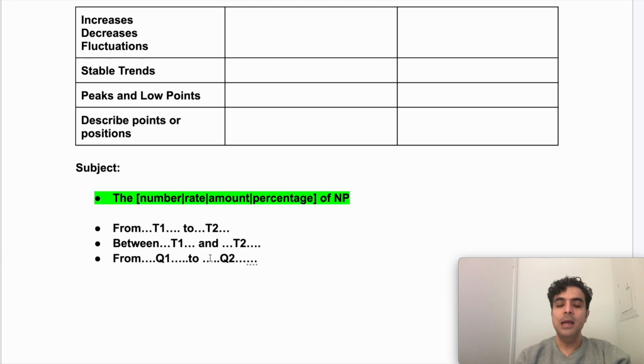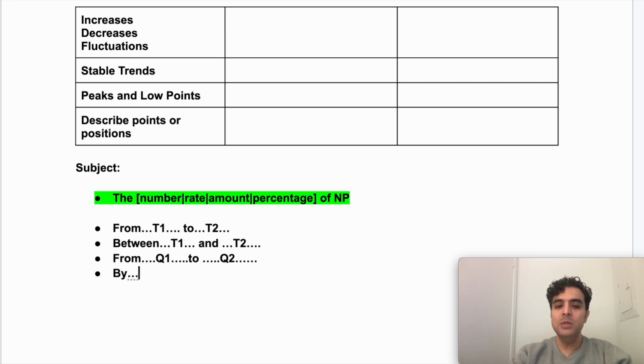So you could say the number of students, for example, increased between January and March from 2,000 to 4,000, right? So you have both the time and the quantitative range, the number.